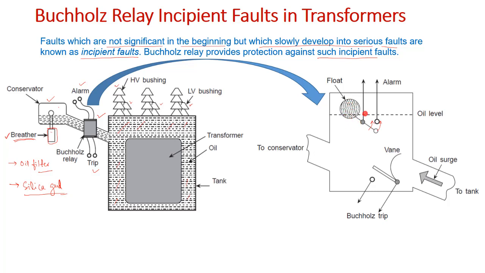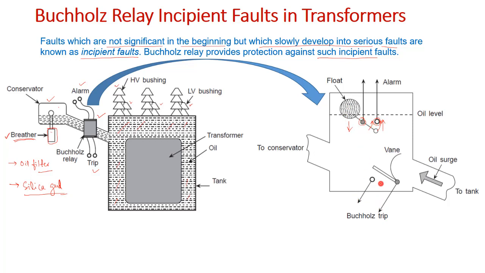These are the fixed contacts, and when the ball comes down, this terminal goes up and shorts the two terminals of the alarm circuit, and the alarm buzzes. That means it is the alarm for oil leakage.